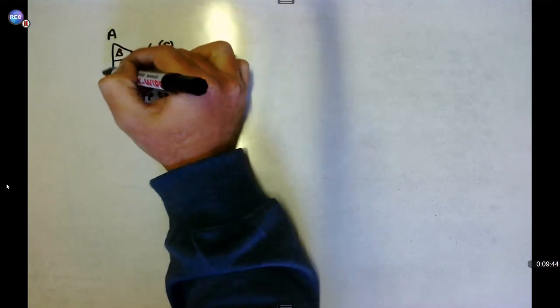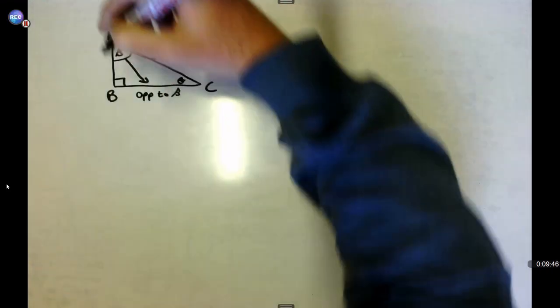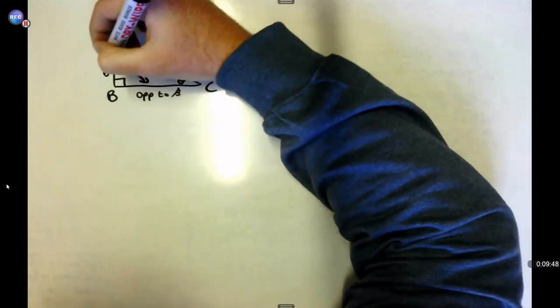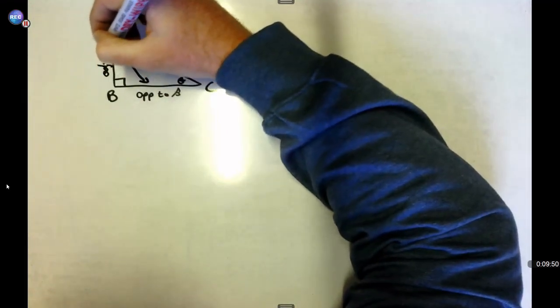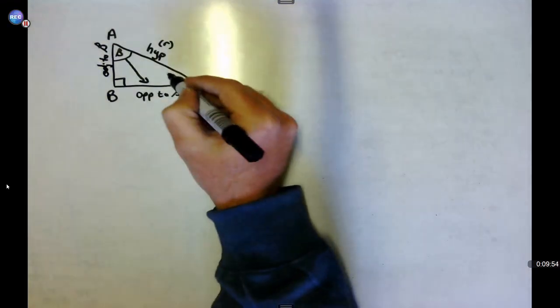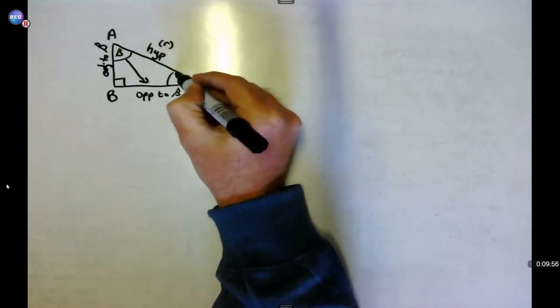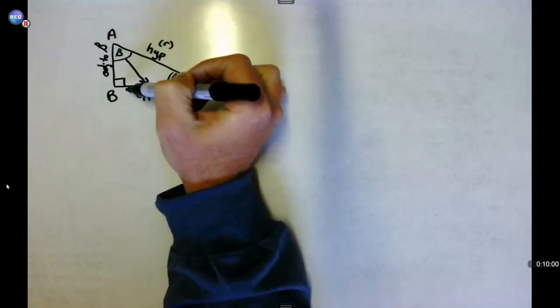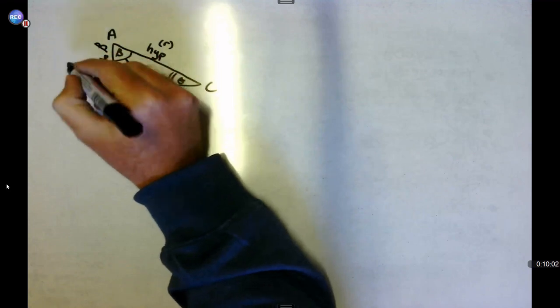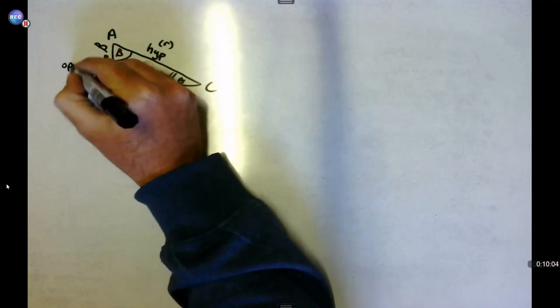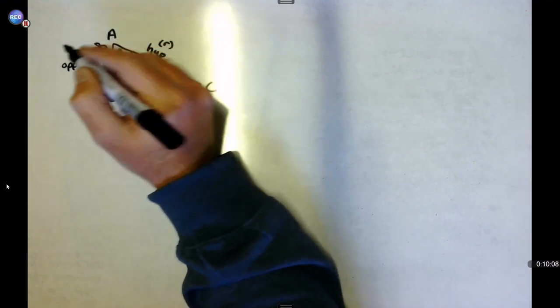Okay? Which then means that side AB would be the adjacent side to beta. Okay. Then if you look at theta, which is over here, side AB would then be the opposite. This would be the opposite to theta.